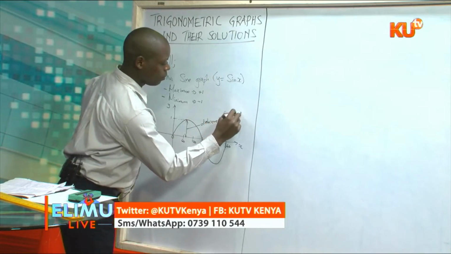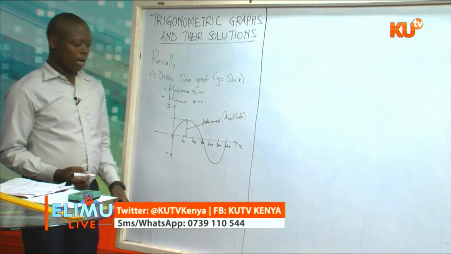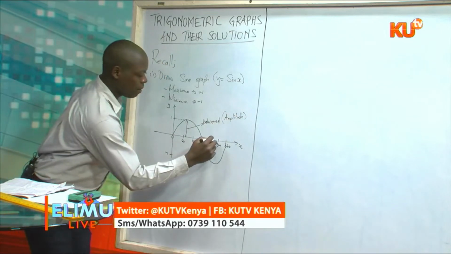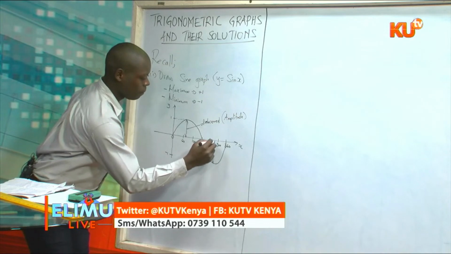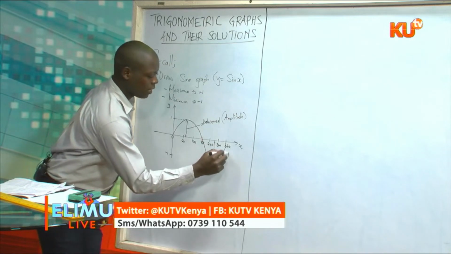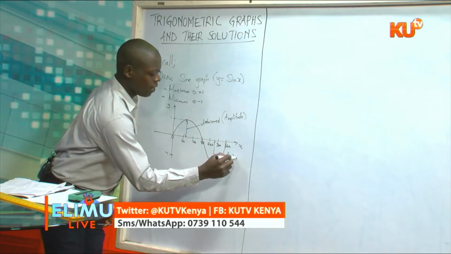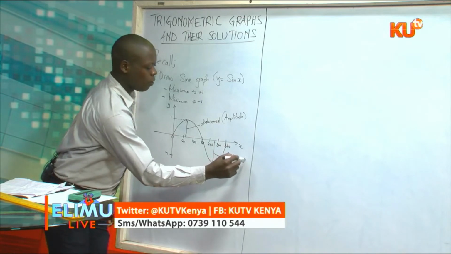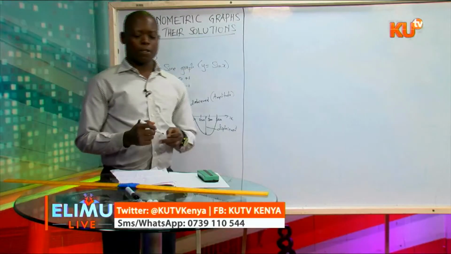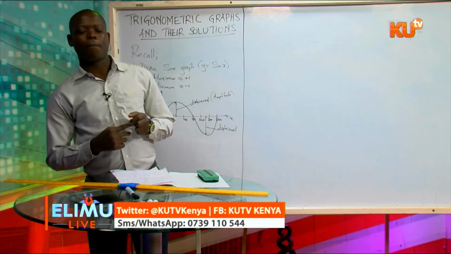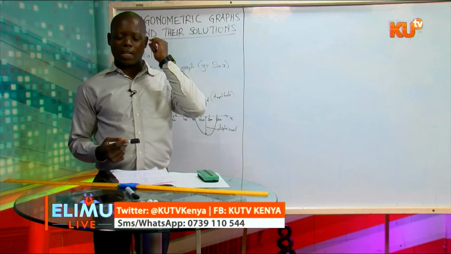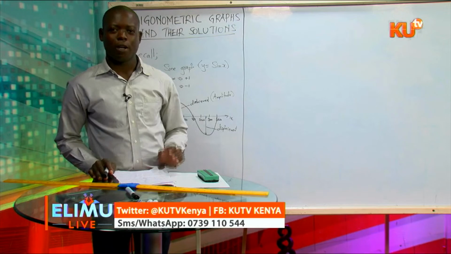This is the amplitude of the graph. Again, below the x-axis, it has an amplitude of negative 1. But we don't take the negative value, we take the absolute value. So that is how the sine graph of y is equal to sine x will appear when you draw to scale.